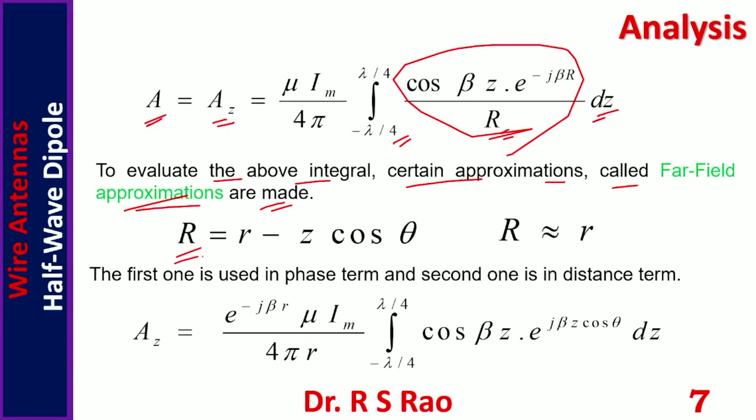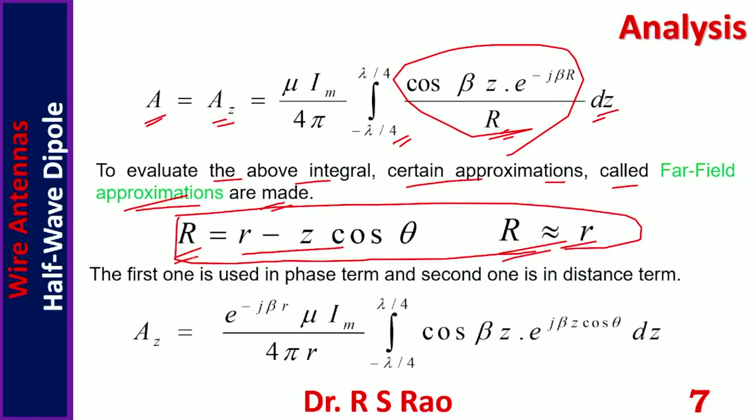Capital R, magnitude. Capital R denotes vector, whereas its magnitude denotes distance. This distance is related to small r and cos theta through r minus z cos theta is capital R. Sometimes we can also approximate capital R as small r. Both the approximations are with respect to their magnitudes. The first one is used in phase term and the second one in distance term.